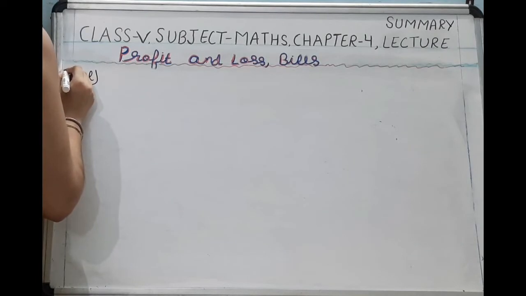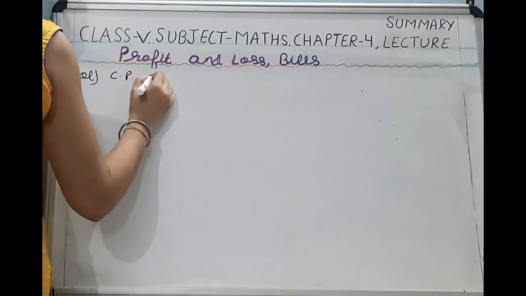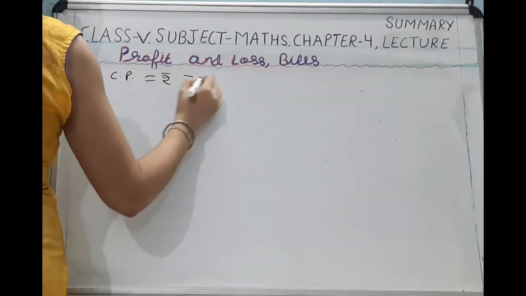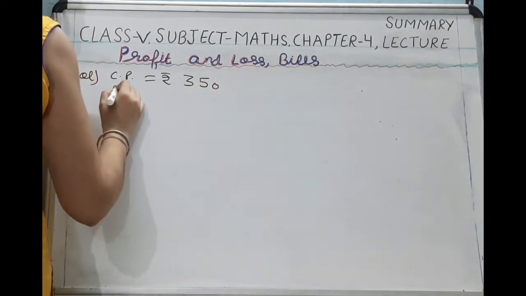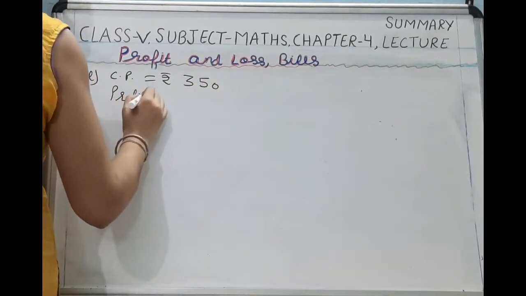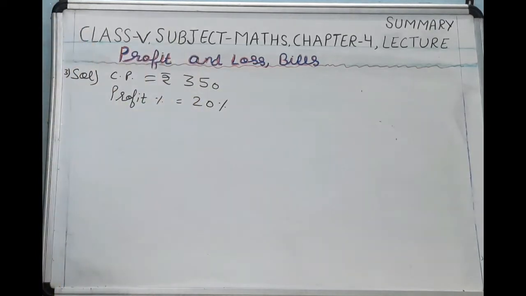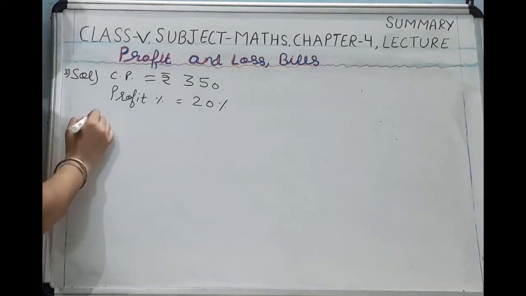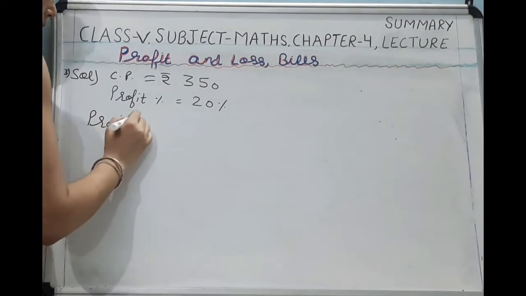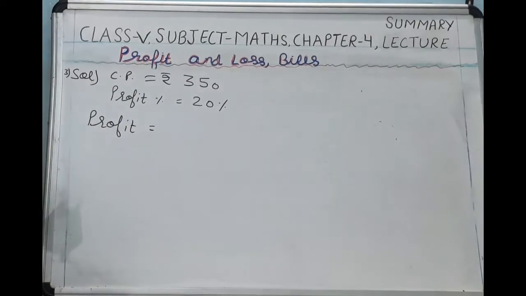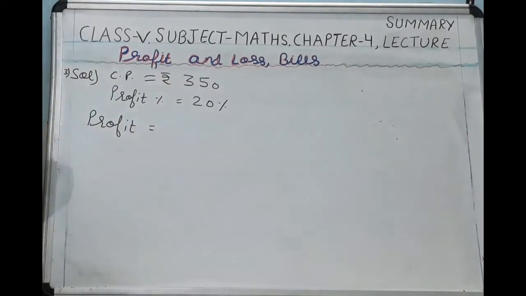Cost price is given to us, rupees 350, and profit percent 20%. These are the given things. So from profit percent, first of all we will find out profit, profit and loss always happen on cost price.